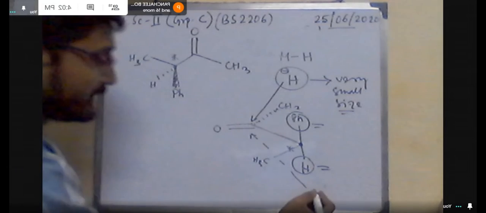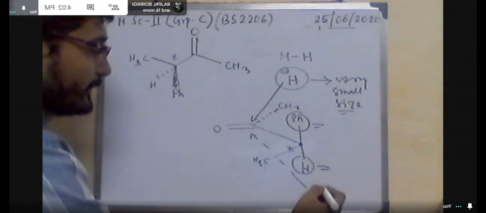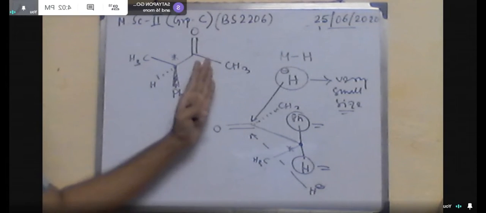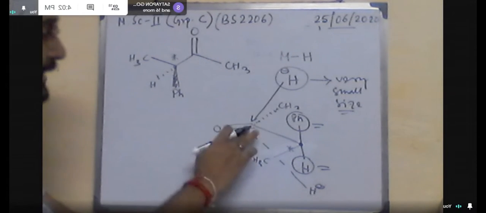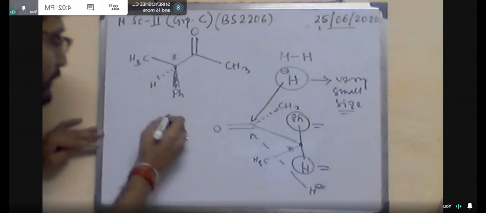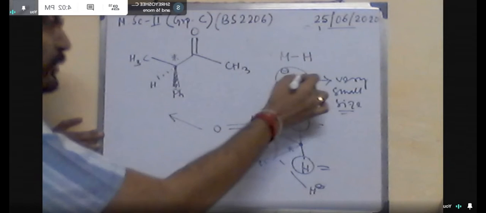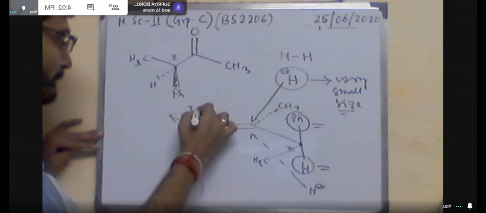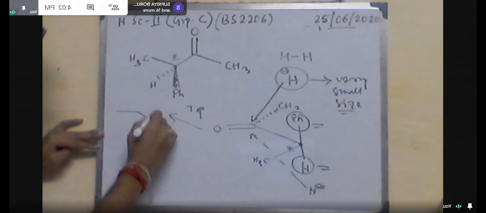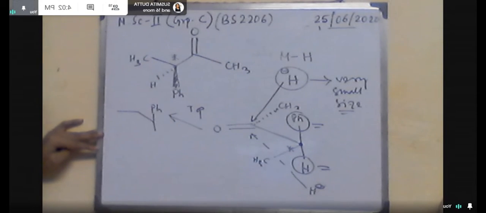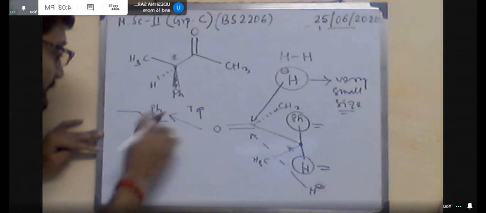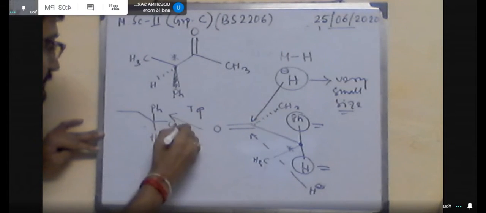Or if the scenario is the opposite, that means the hydride attacks from the bottom side. So the scenario will be this. The positions of the substituents, both phenyl and hydrogen, remain fixed. It will never change throughout the reaction because we have fixed the chirality, that is the chiral induction basically. So here you can see phenyl on top, hydrogen down, and this is the CH3.